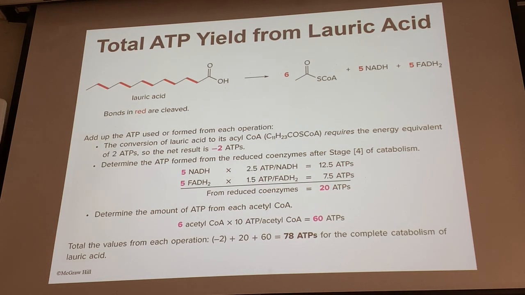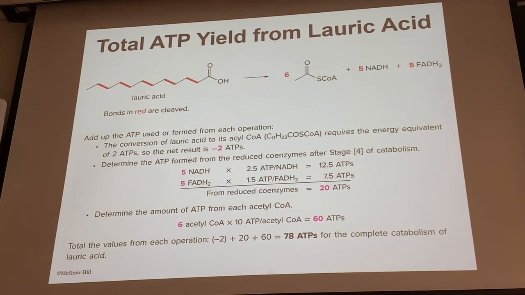So last thing for today is that even though it seems impressive, we're getting 32 molecules of ATP from 1 molecule of glucose, the ATP yield from beta oxidation combined with the citric acid cycle is even more impressive. So 1 molecule of lauric acid is going to give us 78 ATPs. Now there are more carbons in lauric acid than there are in glucose.